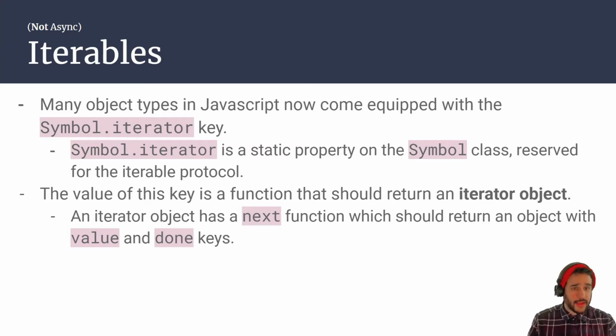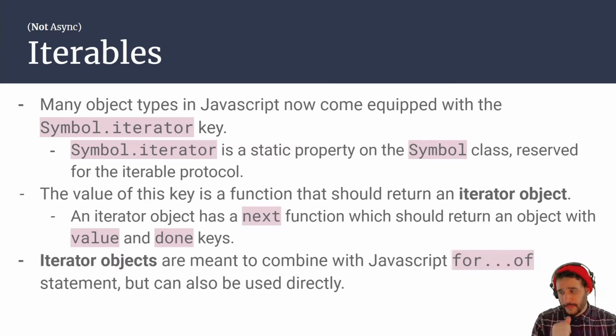The done is a Boolean, and the value is whatever value is being yielded by the iterable. Iterator objects are meant to combine with the for of looping statement in JavaScript, but they can also be accessed directly. The for of statement intends to work off of any object structure that has implemented its iteration strategy through the Symbol.iterator key.